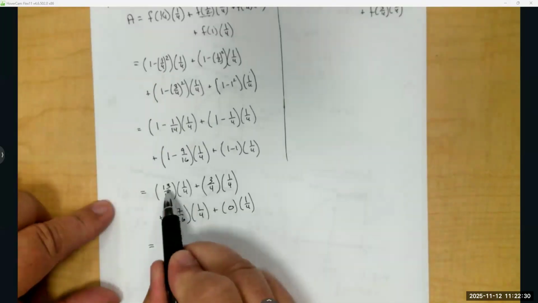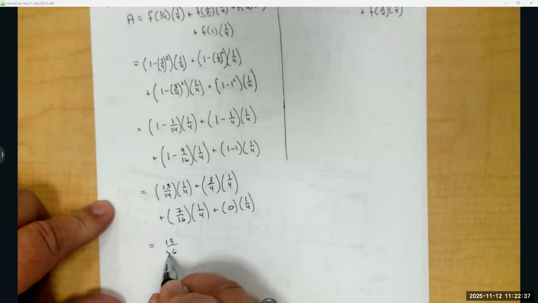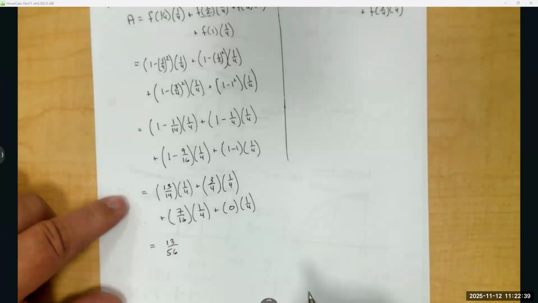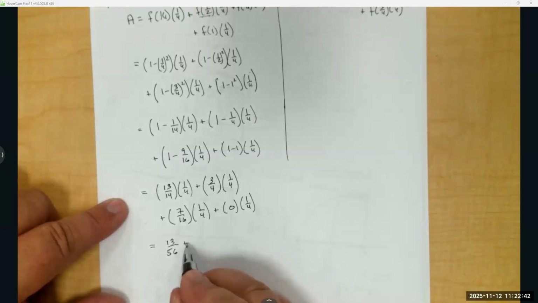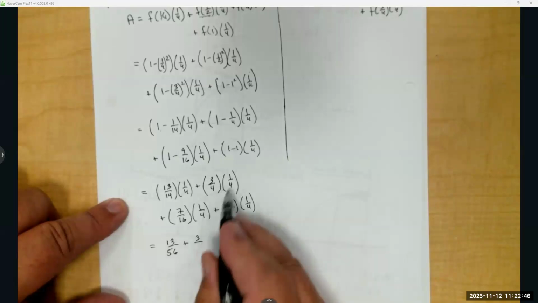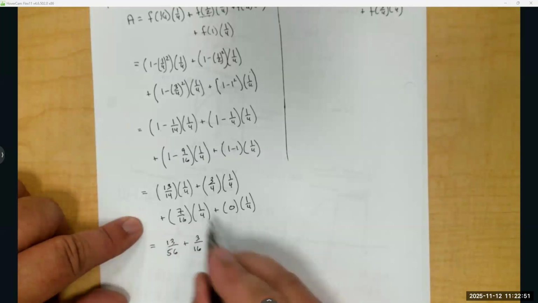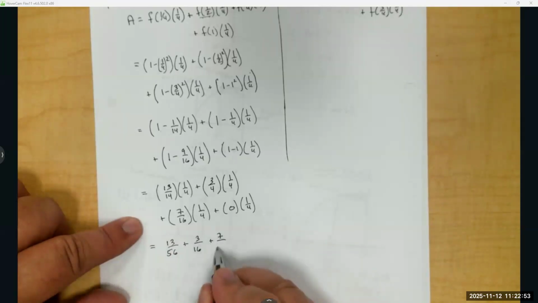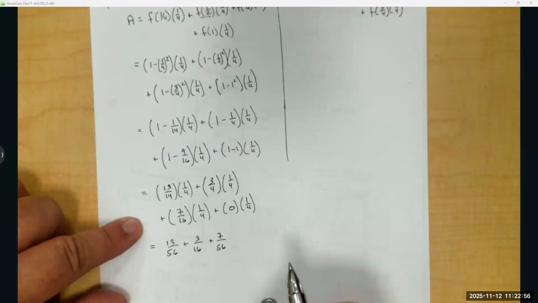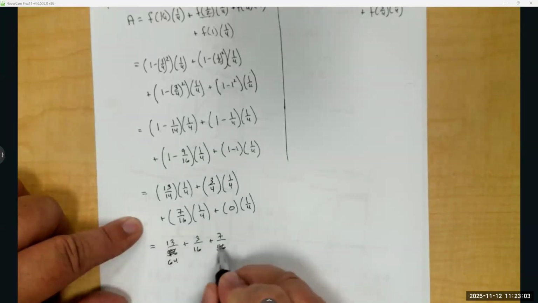So we have 13 times 1 is 13. 16 times 4 is 64. 3 times 1 is 3. 4 times 4 is 16. 7 times 1 is 7 over 64. Yeah, it looks weird.